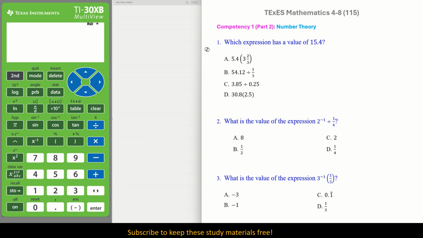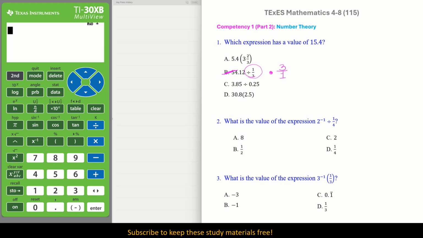However, B, I'm not liking B, because dividing by 1/3 is the same as times 3 over 1, and 3 times 54 is naturally going to be larger than 15. So I'm going to take out B. We can check it when we put things in the calculator.